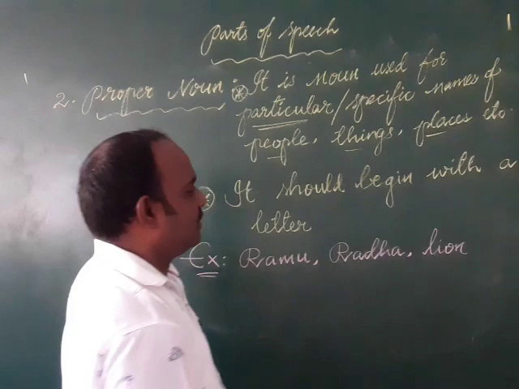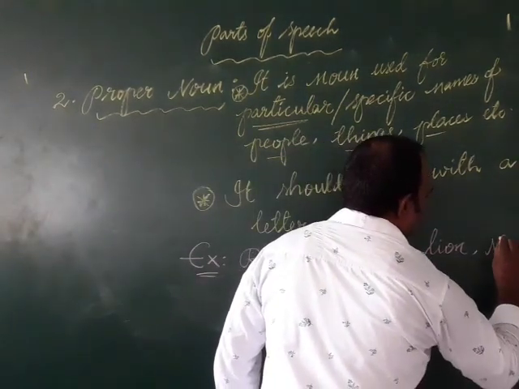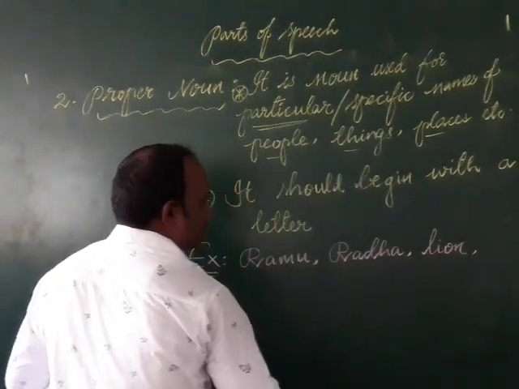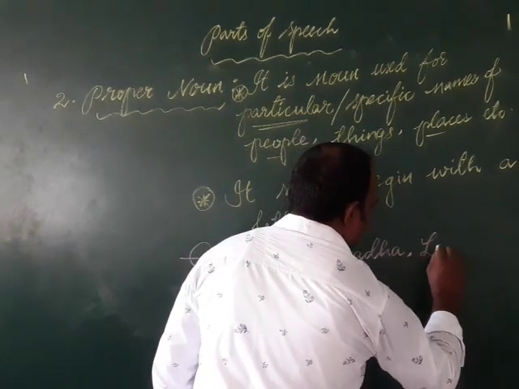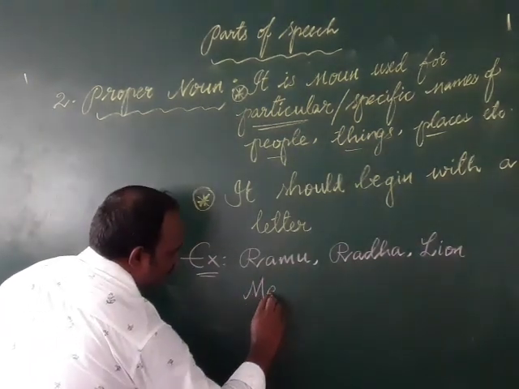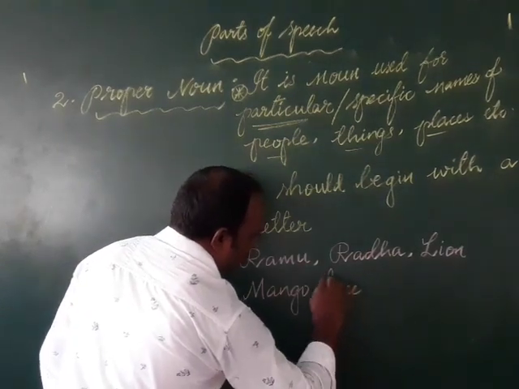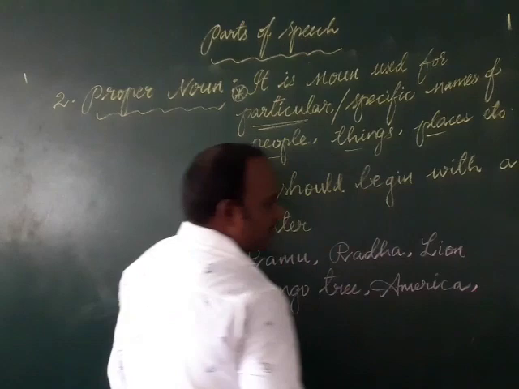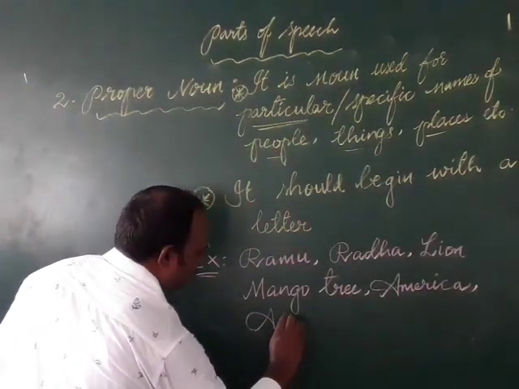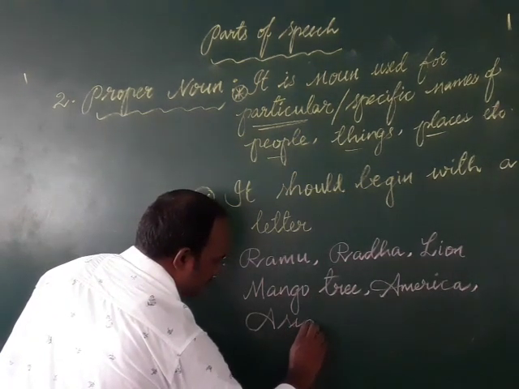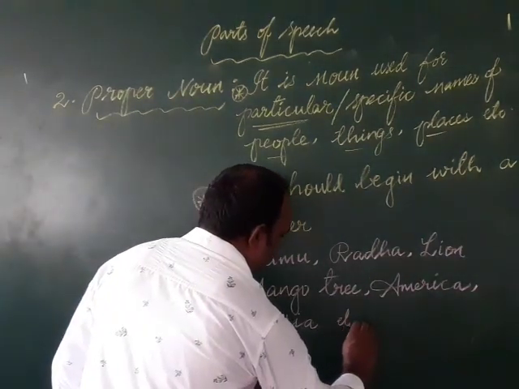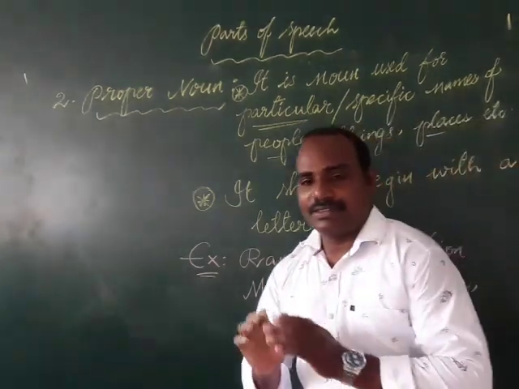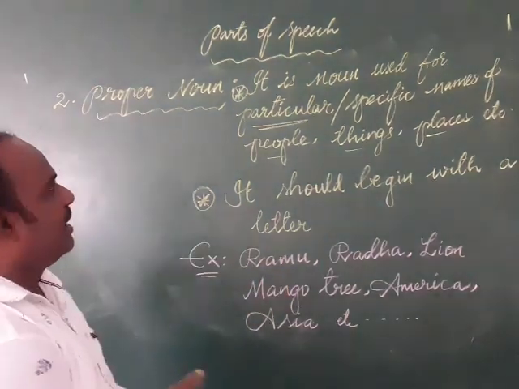Lion, mango tree, America, Asia, etc. So these are all the particular names of people, things, animals, etc. So specific names are called proper nouns. These are examples, just note them down. And we will learn the third one, collective noun.